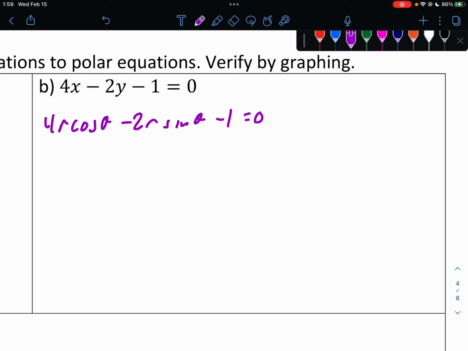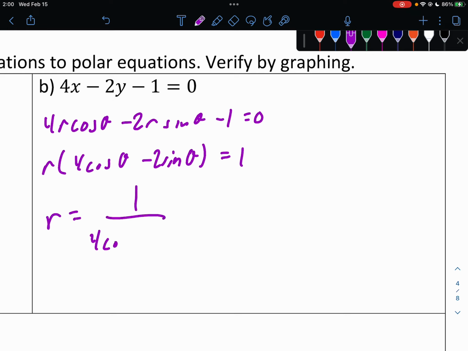So I'm going to factor an r out of these first two terms while moving the 1 to the other side, like that. So I would get r equals 1 over 4 cosine theta minus 2 sine theta. Can't really do much to simplify that, so we'll keep it there.